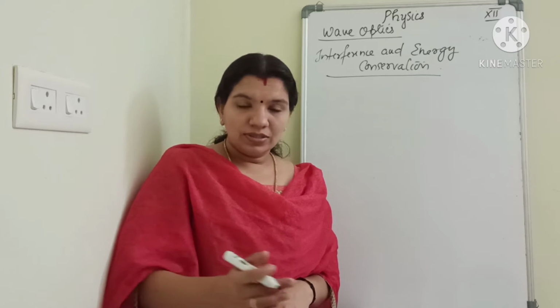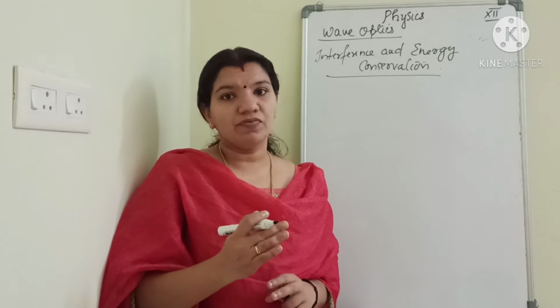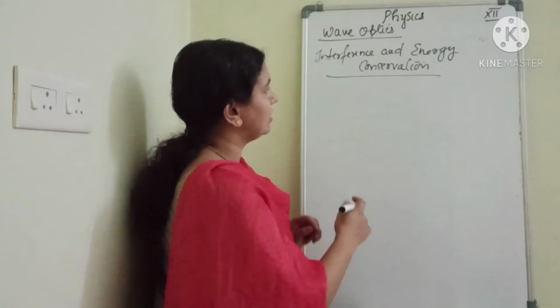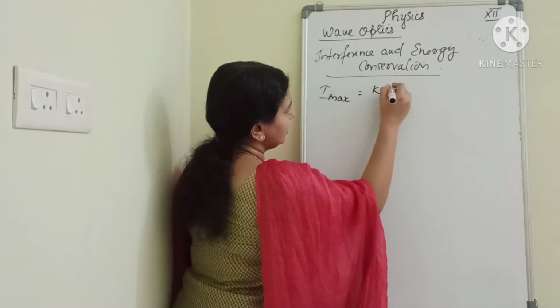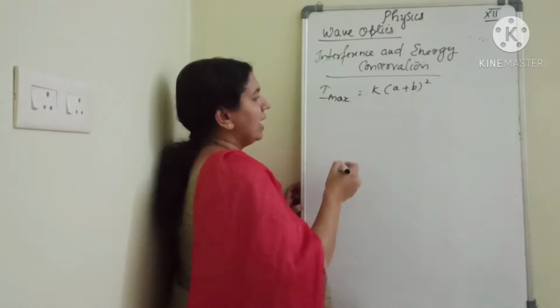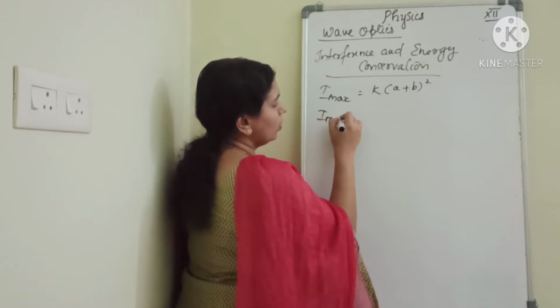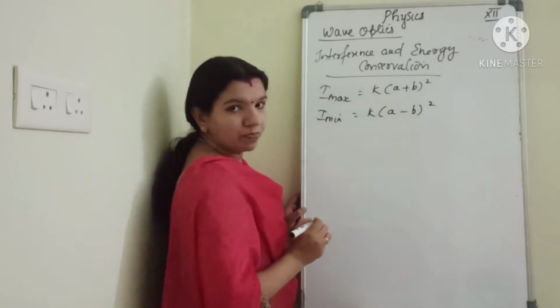Just now we discussed that the intensity maximum is given by the expression I max equal to K into (A plus B) the whole square. Again, I minimum is K into (A minus B) the whole square.